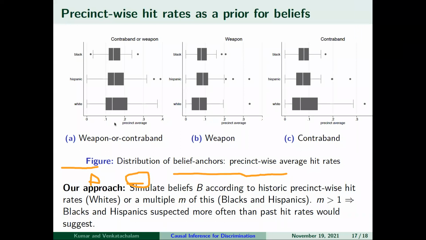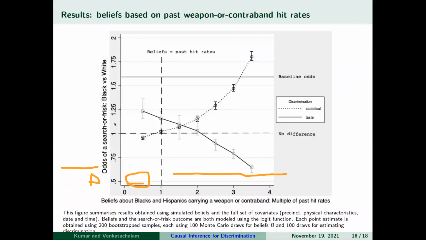So you could multiply that quite a bit and make those beliefs more and more adverse. Right. But that would also suggest that your M has some logical upper bound. Oh yes, your M has a logical upper bound as a function of the precinct hit rate. All right. Any more questions, clarifications?